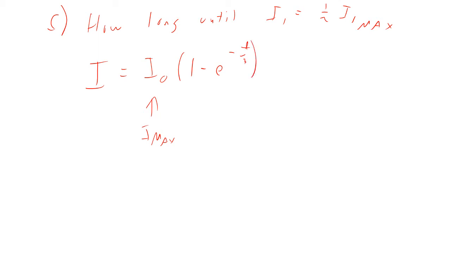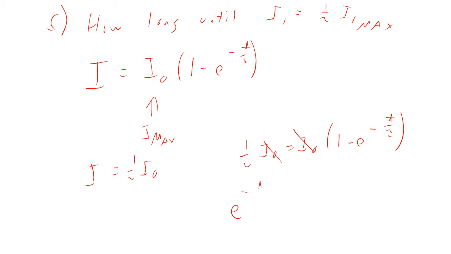So if I equals 1/2 of I naught, then if I plug that in, we have 1/2 I naught equals I naught times 1 minus e to the minus t over tau. The I naughts cancel. We do a little algebra here, and e to the minus t over tau is equal to 1/2.